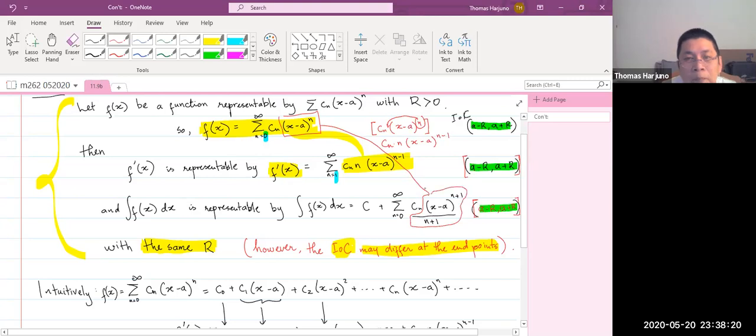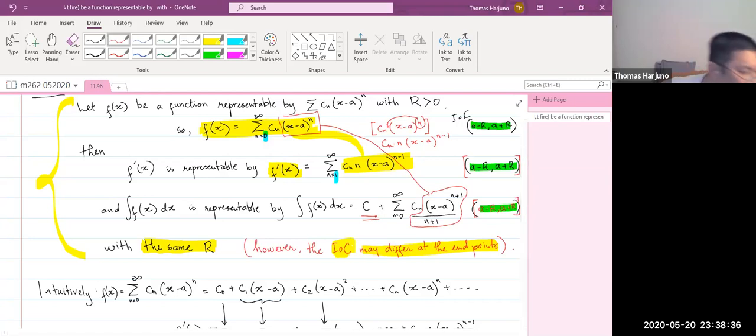But when you integrate a function, you have an extra constant, don't forget. We need to find that constant, and we can find it by using another method. Or maybe we just leave it as a constant. Just don't forget, when you take an indefinite integral, you need to have plus a constant.